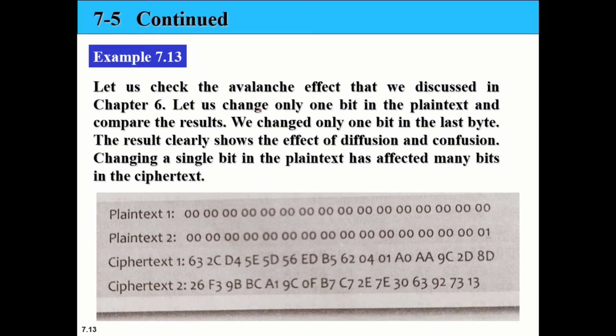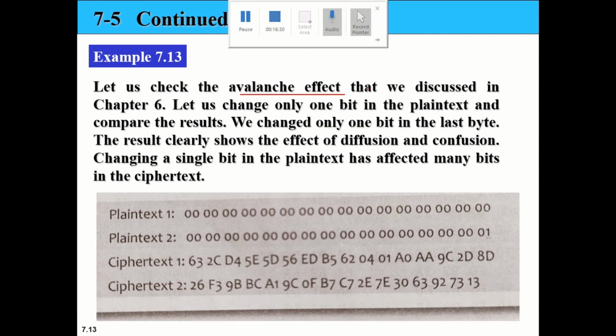Now we will see the avalanche effect, wherein if we change any one bit in the plain text, then it should affect the bits in the cipher text in a huge number, right? So we can see this from here. This is plain text 1, this one, right?